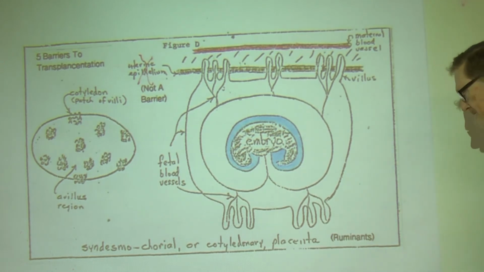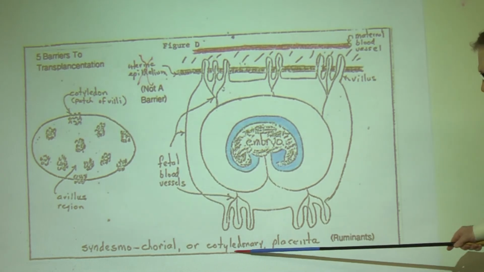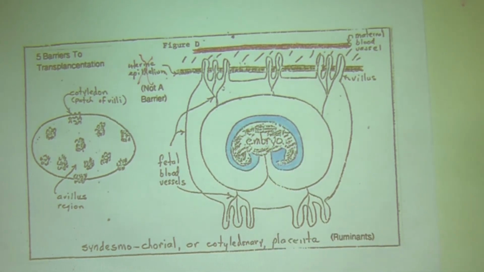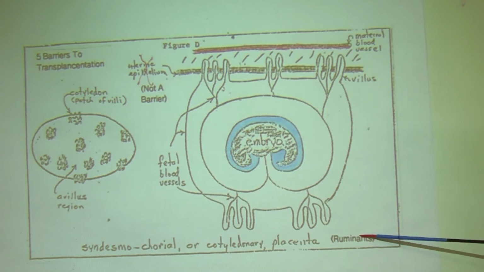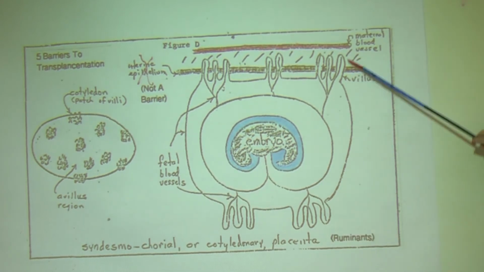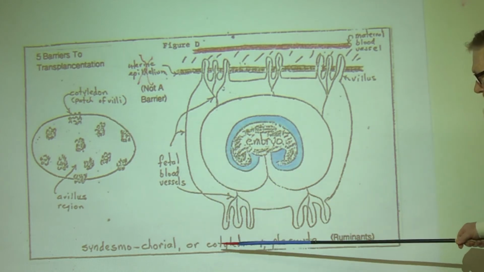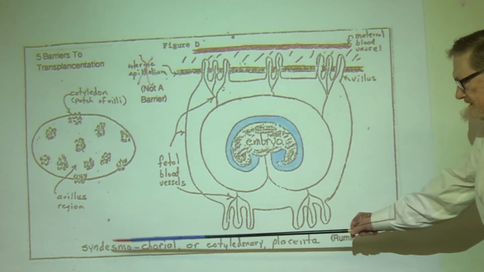So this is sometimes called a cotyledonary type of placenta. And it is found in ruminants, cows, sheep. They have this 5-barrier type of placenta. So we have the cotyledonary or the syndesmochorial.